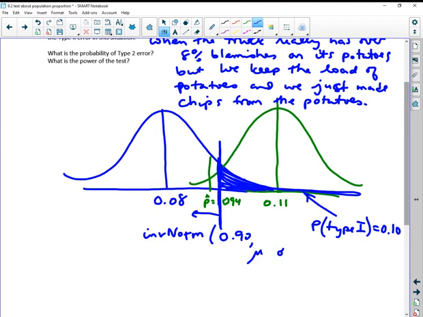So the mean for this situation is 0.08, because we're on that curve, and the standard deviation of the sampling distribution from the other page was 0.012136. So based on that information, I can get this line that's cutting off our two sides, 0.095545.